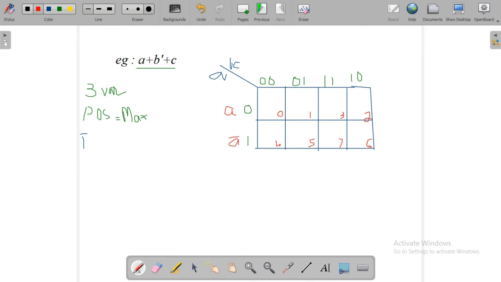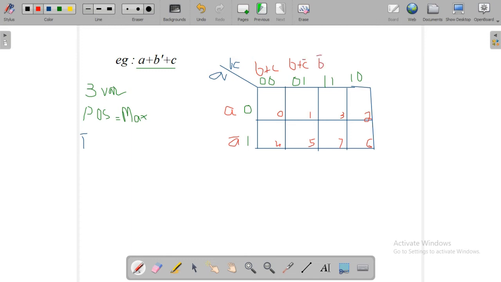and it is POS expression, is it? That is max term means sum of literals. So we have to write this as a sum of literals. So we have to write B plus C. Don't forget to write B plus C. Next B plus C dash, because 1 is complement, so C dash.